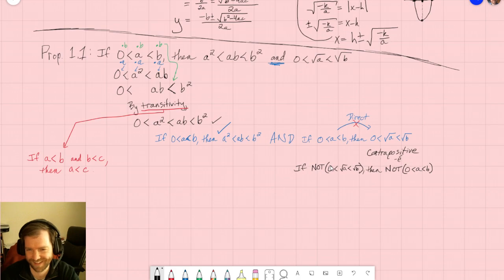All right, this looks annoying. So this is 0 is less than root A and root A is less than root B. So we only need that one part.